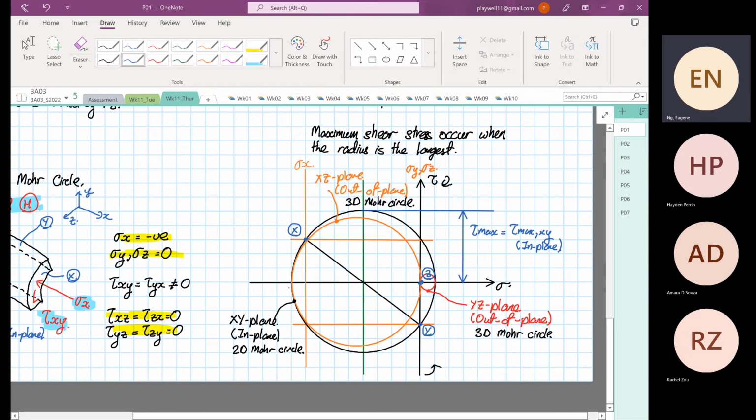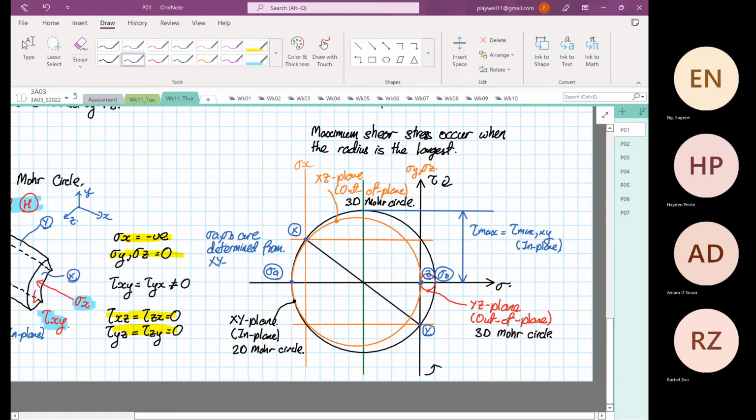And moreover, the principal stresses A and B are determined from the XY plane Mohr circle.